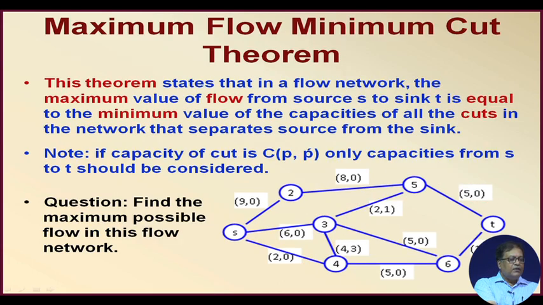Now, look at this graph. Here a flow of 9 can go, flow of 6 can go, flow of 2 can go. So, it looks as if a flow of 15 can pass through this network, because there is no limit here 17, there is no limit here 14. Apparently it looks that 15 is possible, but really 15 is not possible, because there is a cut here, and this cut's capacity is 14.